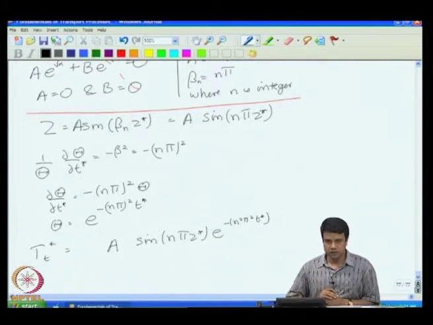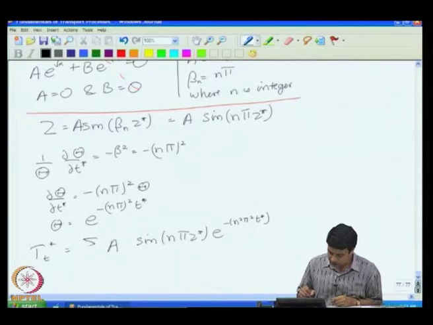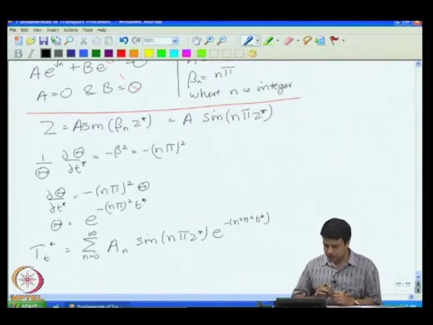This is true for n is equal to 0, n is equal to 1, etc. So, the most general solution is the sum of all of these solutions. The most general solution that I can get is sum n is equal to 0 to infinity of a n times this.